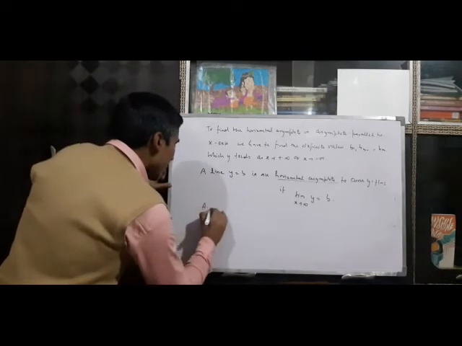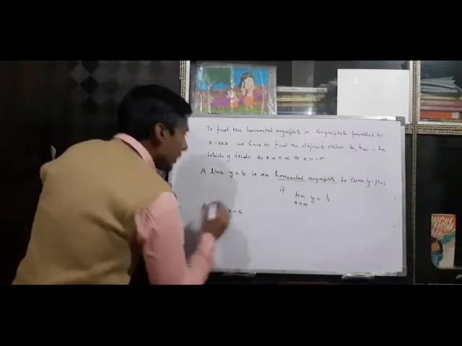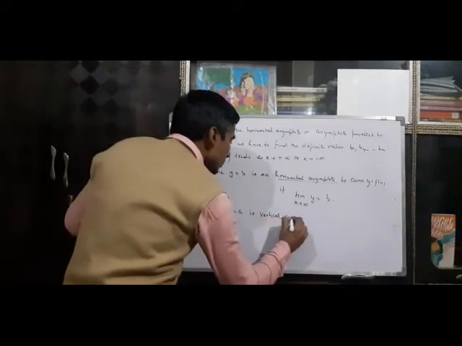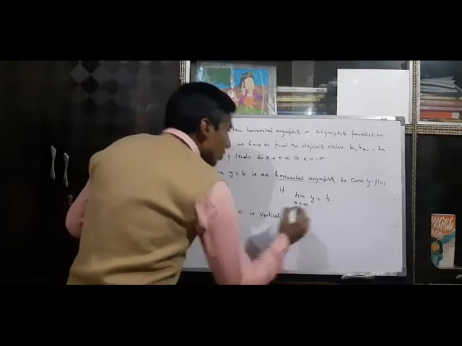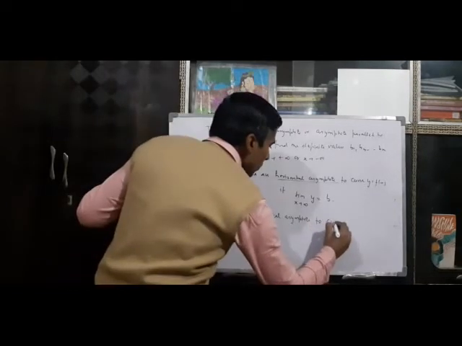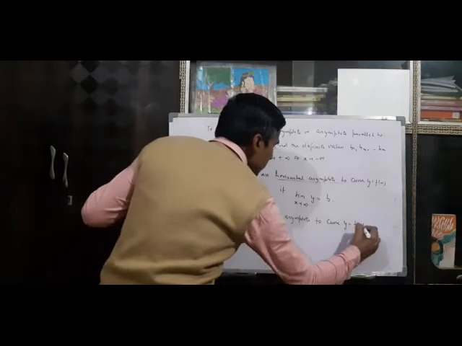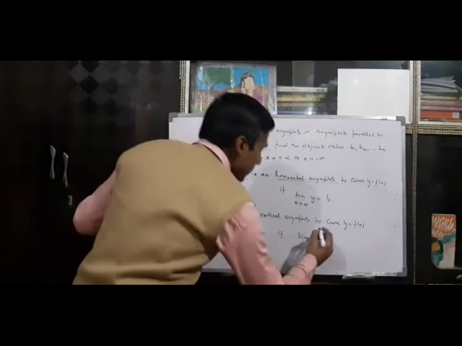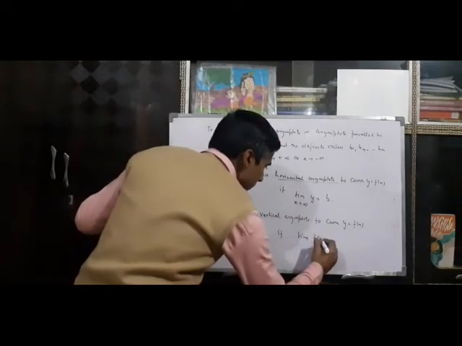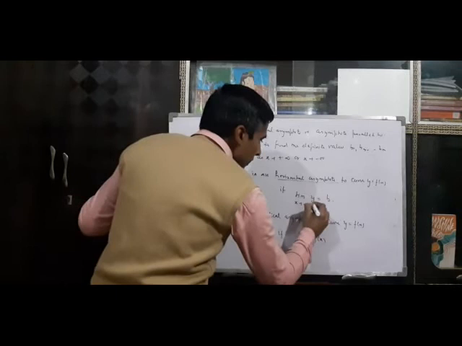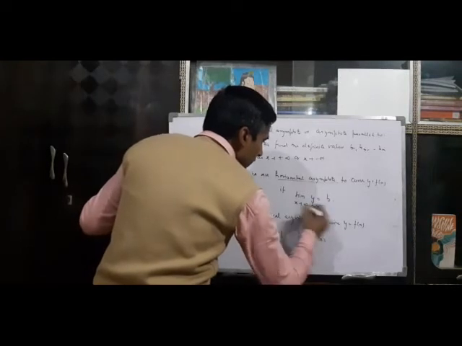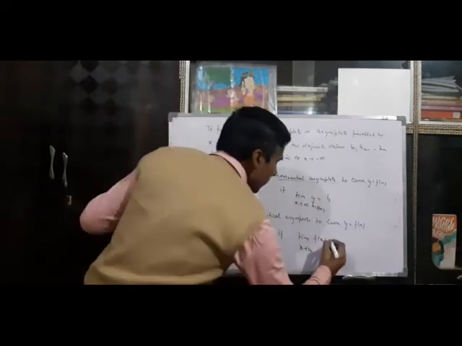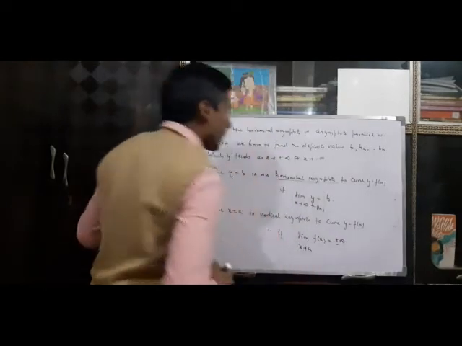Similarly, a line x equal to a is a vertical asymptote to the given curve y equal to f(x) if the limit of f(x), where y is f(x), as x tends to a is plus infinity or minus infinity.